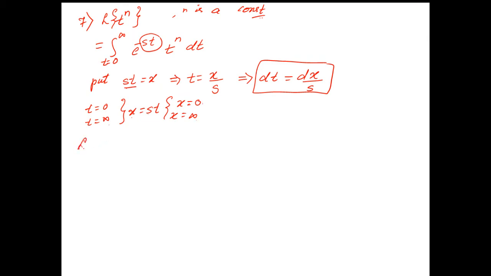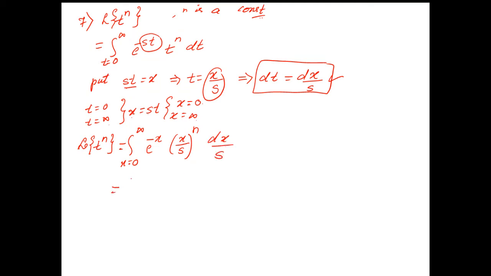Therefore, Laplace transform of t power n becomes integration x is equal to 0 to infinity e power minus x, t is equal to x by s, to the power n, and dt is equal to dx by s.